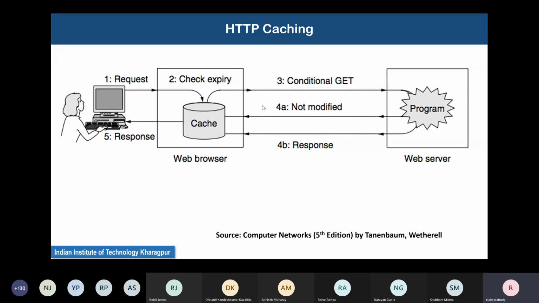Okay, my local web cache page has expired, but maybe you have not modified it. You send me back the web page only if you have modified it, and when it says not modified, it still uses the cached page. Otherwise, it sends back the response, and that is used.